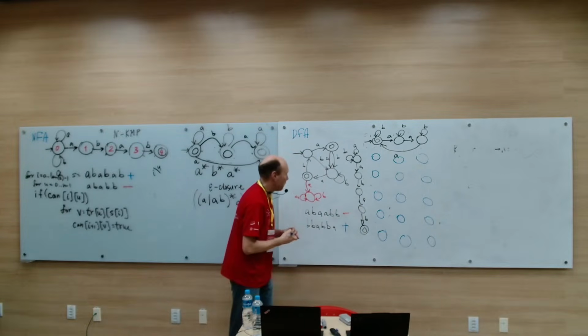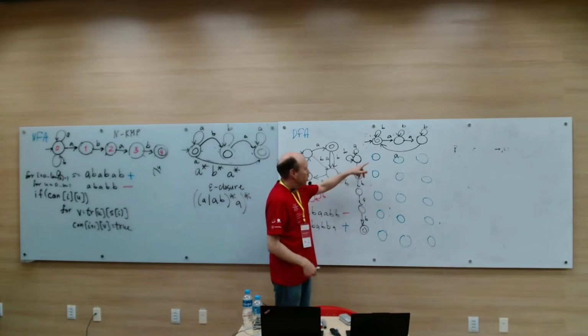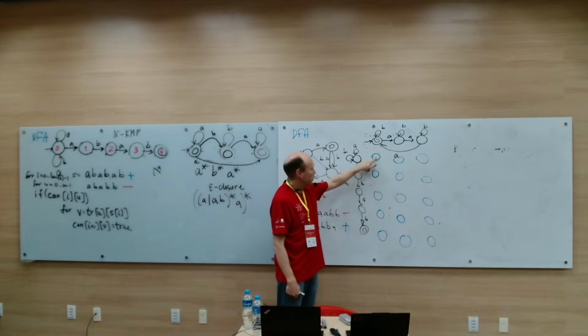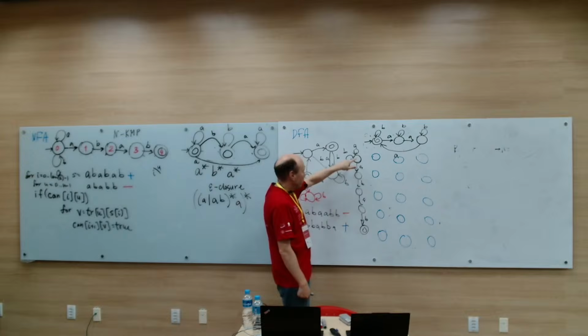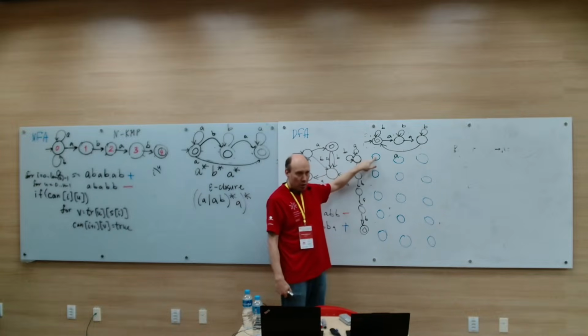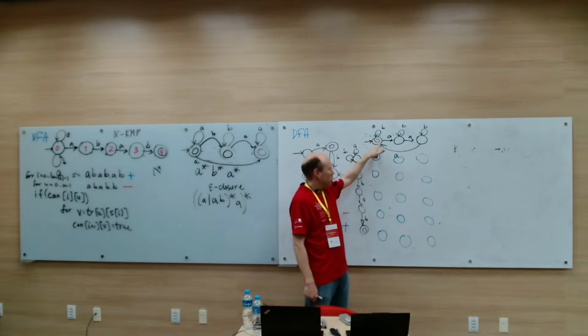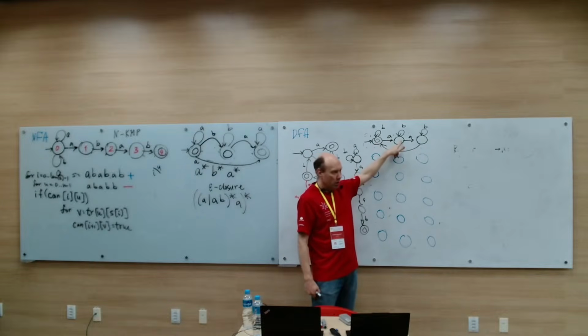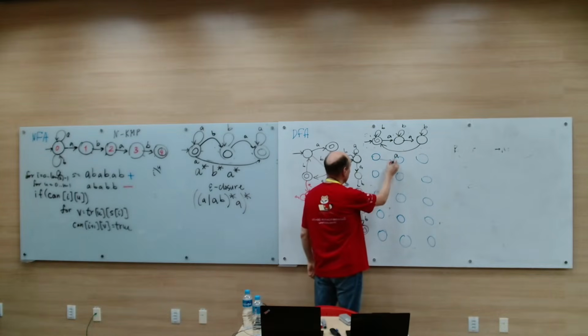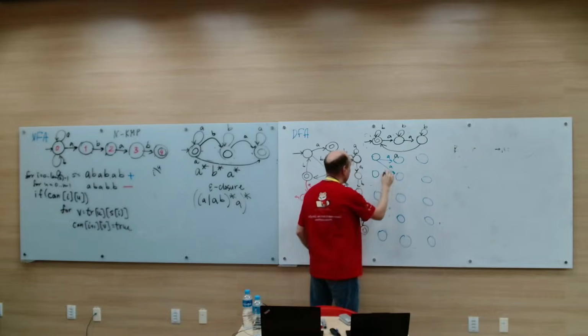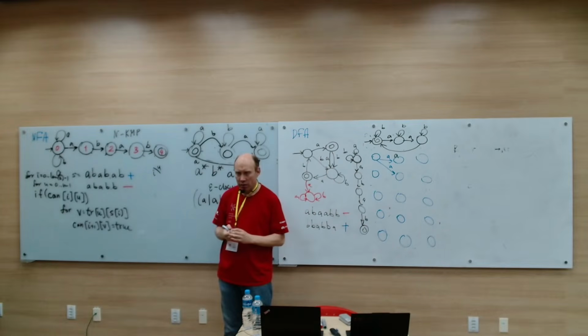So for example, let's make the transition by A from this vertex, from this state. In this automaton we can stay in the same row or go to the next row. In this automaton we always go to the next column. So we have two transitions: stay, next row, and always next column.